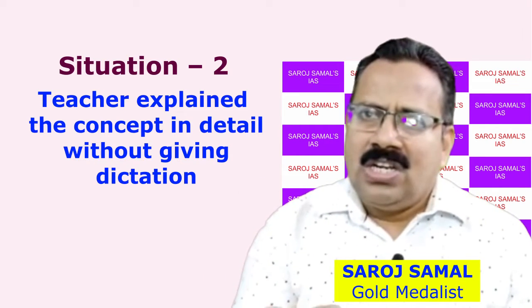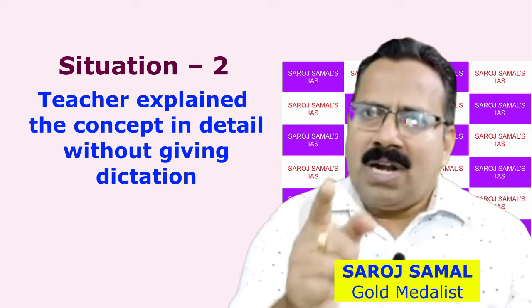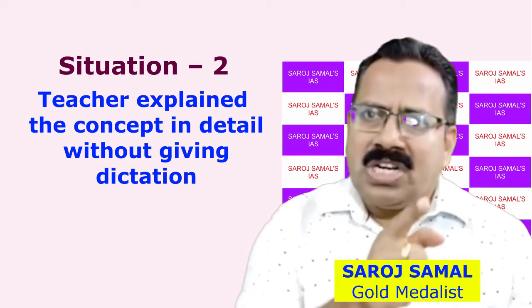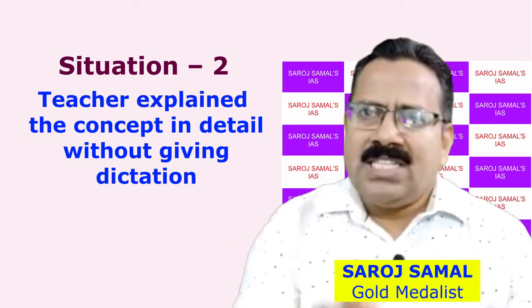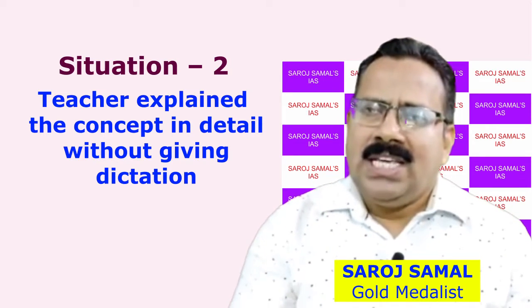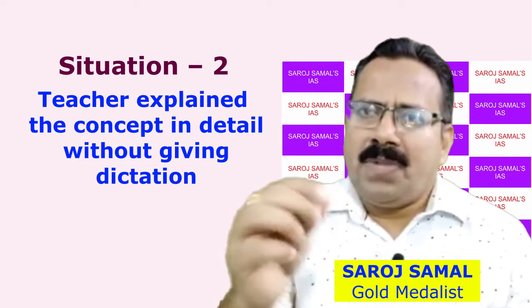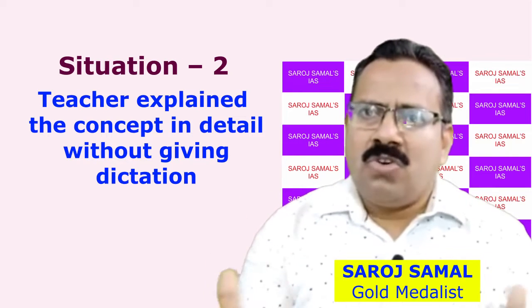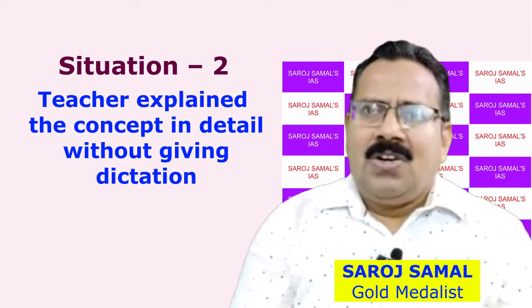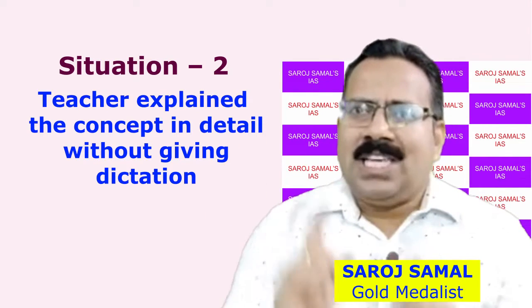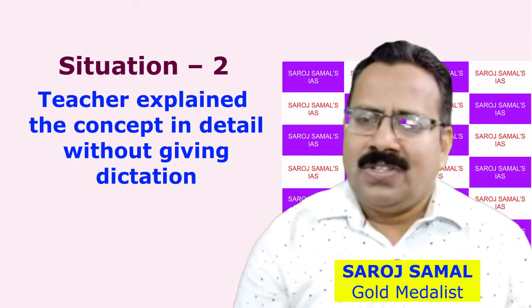Here, as the teacher wanted to complete the syllabus on time, he did not give substantial dictation to the student. He simply explained the topic to the student. So here also role conflict took place associated with two roles but linked with a single status, that is teacher.